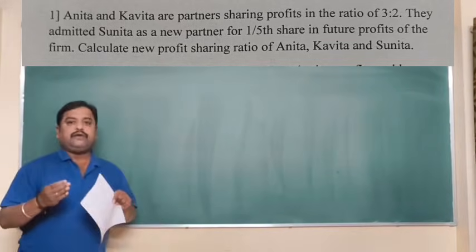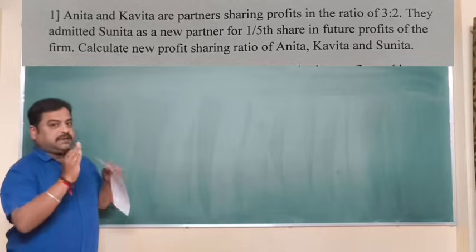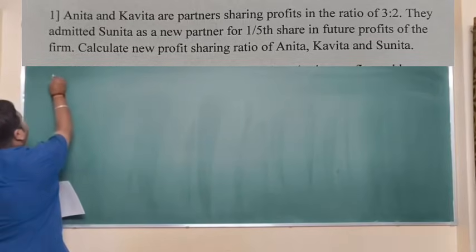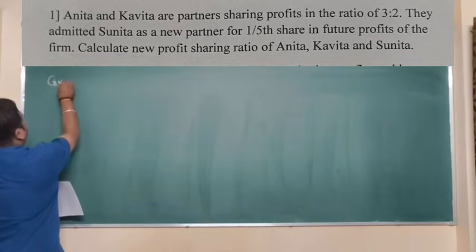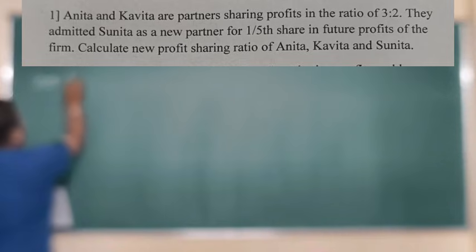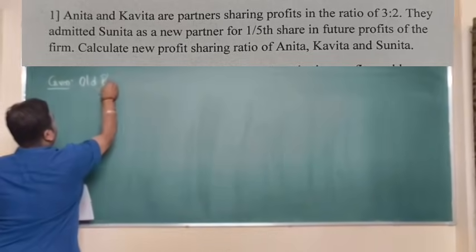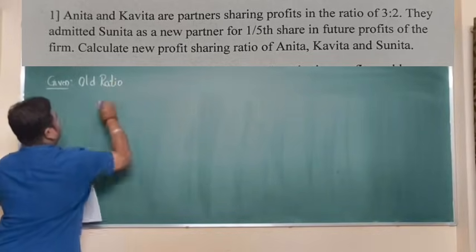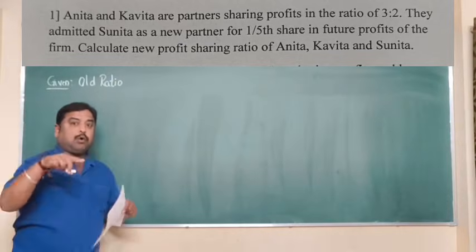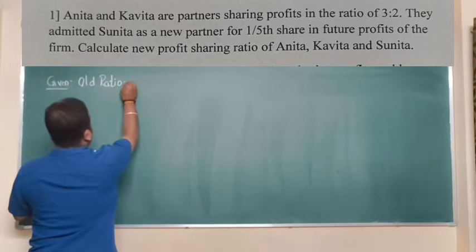The first step what we do is, let us write what is given in the question. They have given the old ratio. Whose old ratio? Old partners' share. And what is the old ratio?